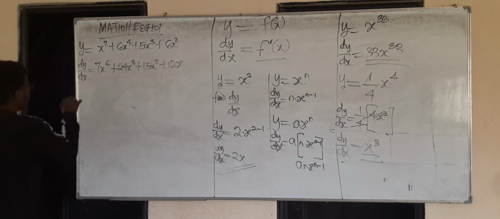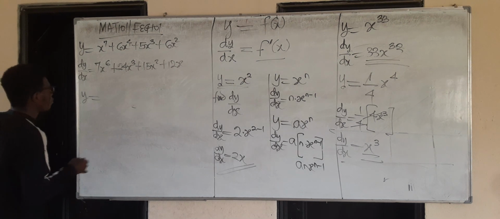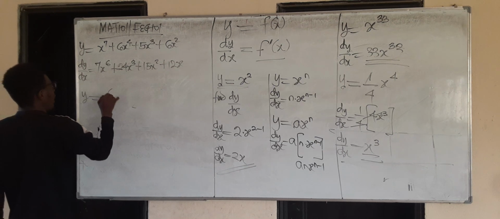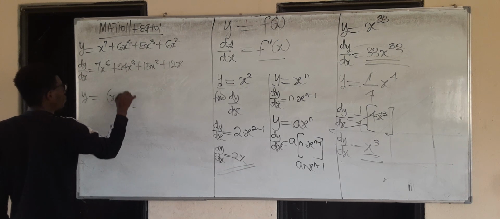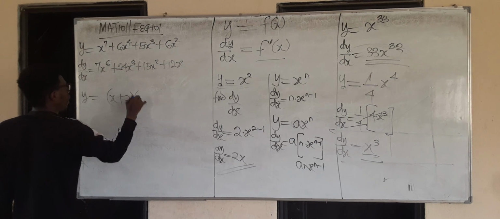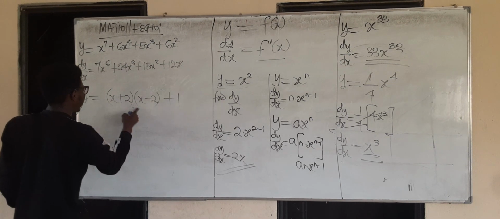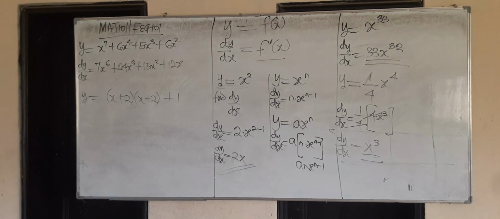If you have y equal to x plus 2 times x minus 2 plus 1, and you are told to differentiate this. I want to tell you that you can differentiate so many functions, or you can differentiate one particular function using so many methods.